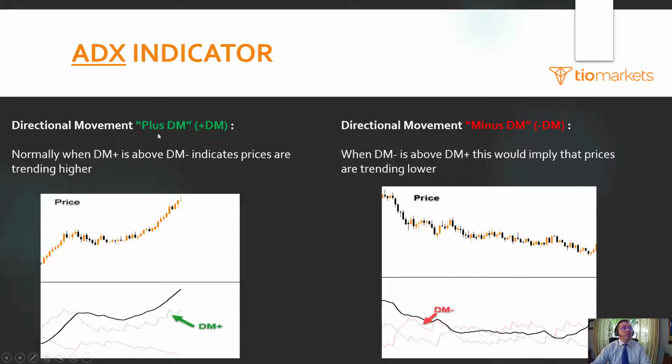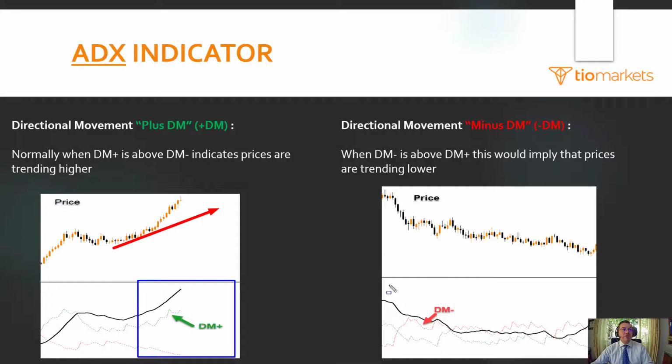So the positive directional movement, normally when it is above the directional movement negative, indicates that prices are trending higher. Just take a second to absorb that. So here we have positive directional movement above negative: prices trending higher.